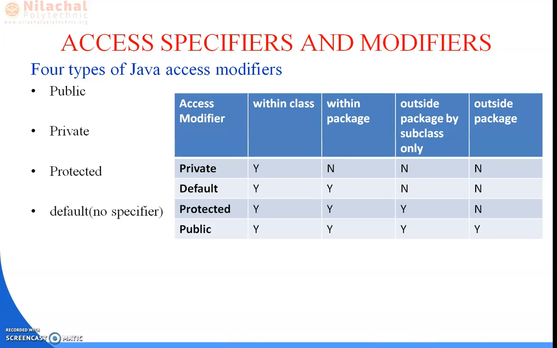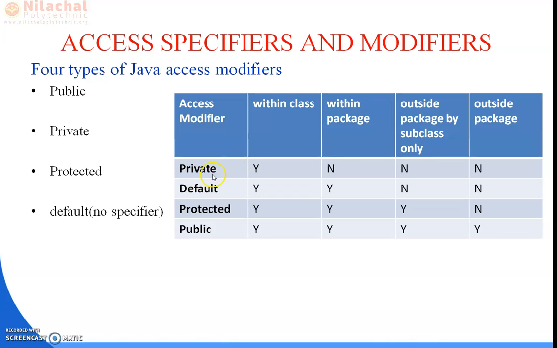Default is the access level when we do not give any access specifier to any variable or method. Means if we do not declare any access specifier, then it is called a default method or default variable.